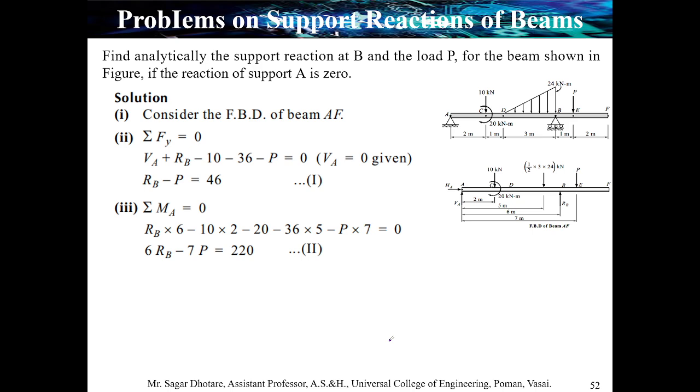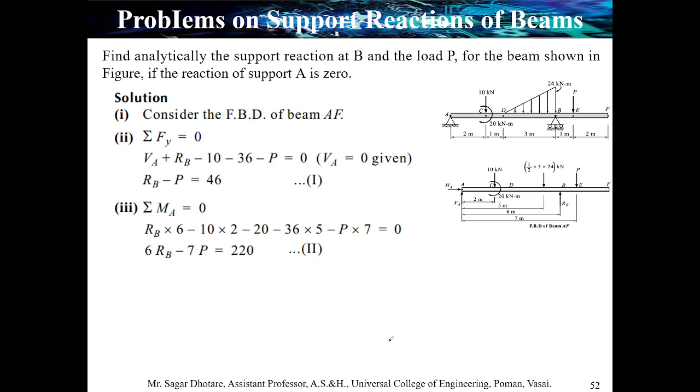Then the single point load of the UVL, that is 36, multiplied by the total distance from A, which is 5 meter, then P into the distance, that is 7 meter. These are the forces which can be considered for moment. Rearranging this equation, we get another equation: 6 RB minus 7 P is equal to 220.